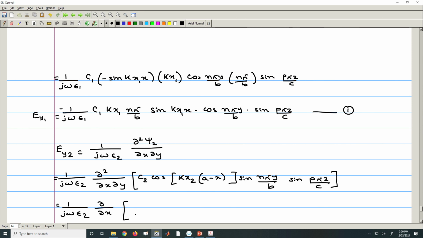Differentiating with respect to y, the first factor remains the same: C2 cos of kx2 (a minus x), and sin n pi y by b becomes cos of n pi y upon b multiplied by n pi by b, then again sin p pi z upon c.